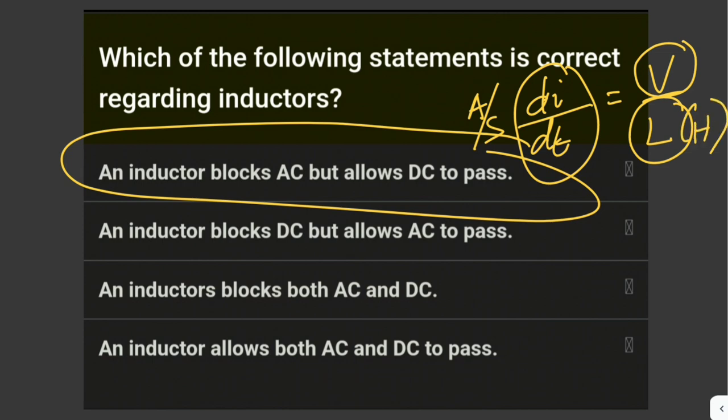So if you apply direct current across an inductor, it will stabilize to some current flow based on the maximum current available from the current or voltage source.